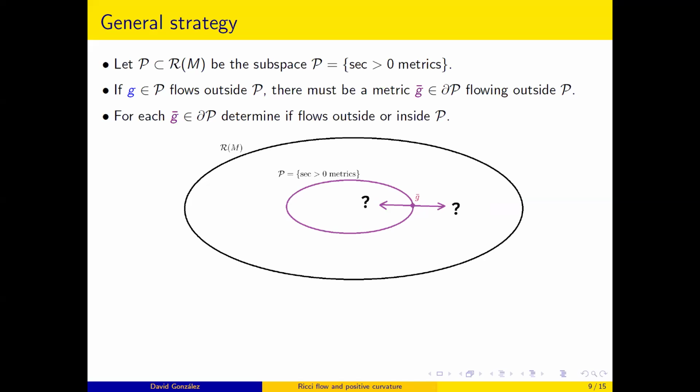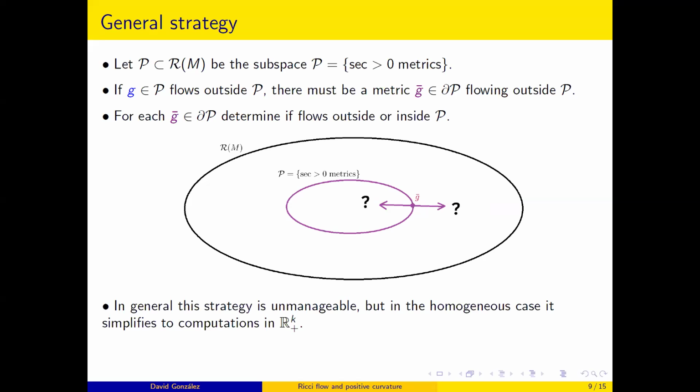Now, in general, for an arbitrary manifold, this is not doable because the space of metrics is infinite dimensional. How would you describe the space of positive curvature metrics, the boundary, how do you keep control of curvature? So this is unmanageable, I guess. However, in the homogeneous case, it gets doable because everything reduces to computations in Euclidean space.